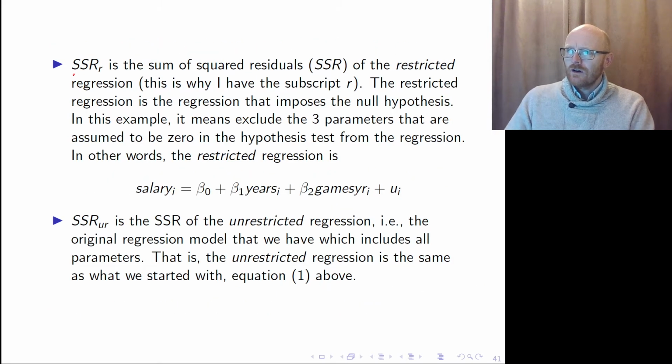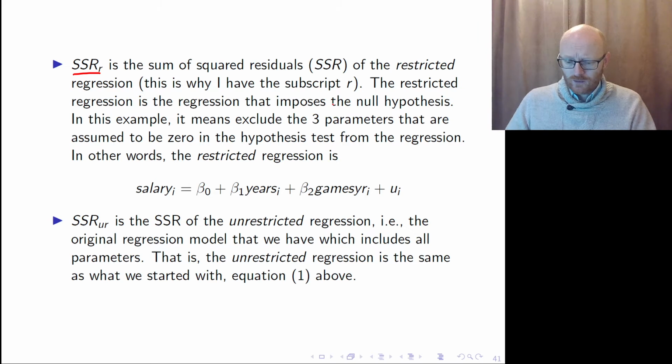The SSR is the sum of squared residuals of the restricted regression. Restricted means that you set some bounds on some of the coefficients. In this case, we have set bounds on 3 coefficients, which is beta 3, beta 4, and beta 5. We set them to 0.